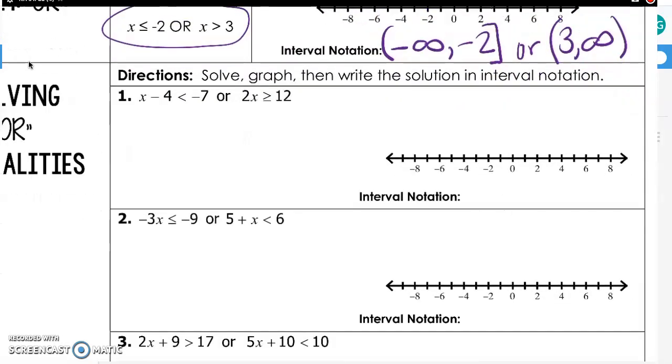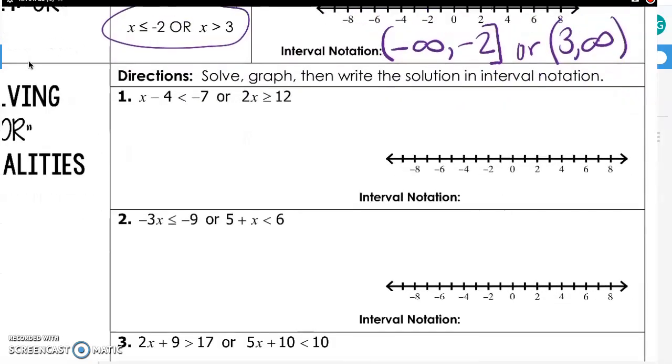So when we look at number 1, two separate inequalities, you just solve them. So for our first one, we're going to add 4. X is less than -3. For the second one, divide both sides by 2. X is greater than or equal to 6.